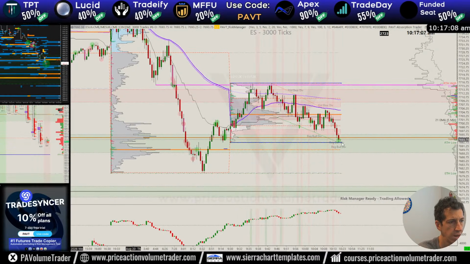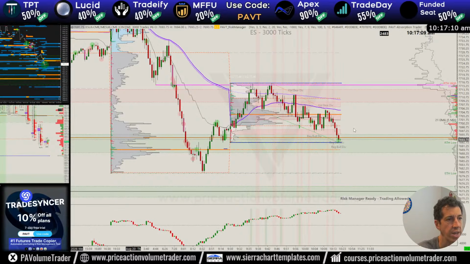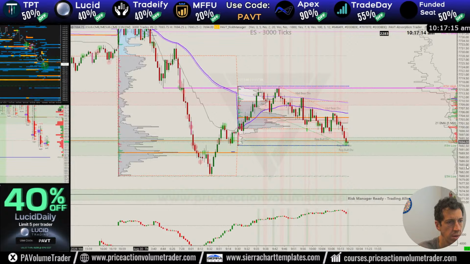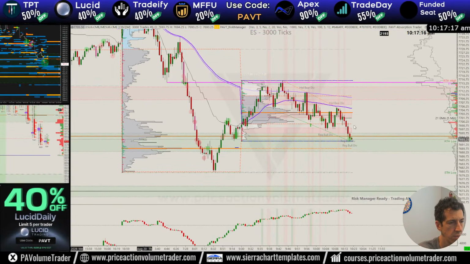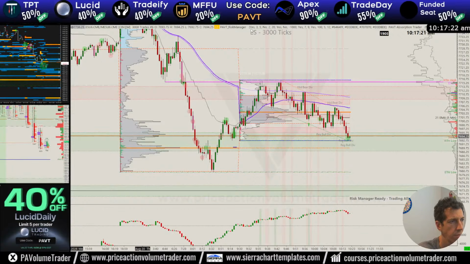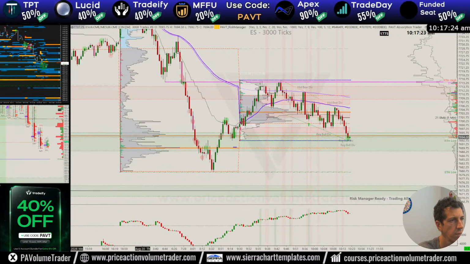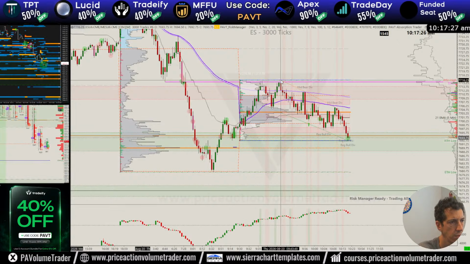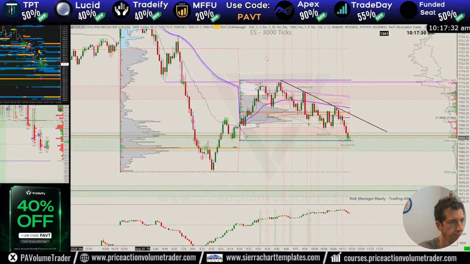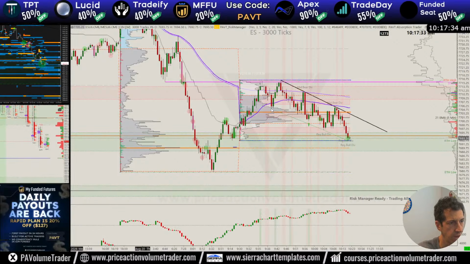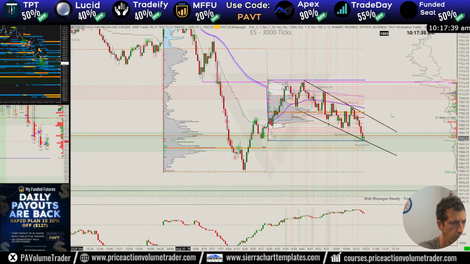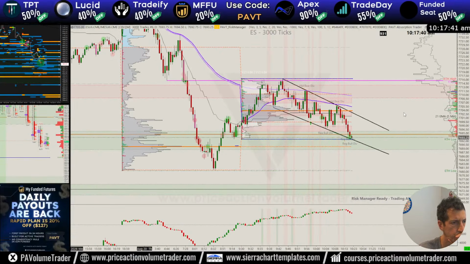So if we do get some big absorption and recover strongly above this level, then that could be a quick squeeze up. You can see here a very symmetrical channel formation that we're having on this push down.